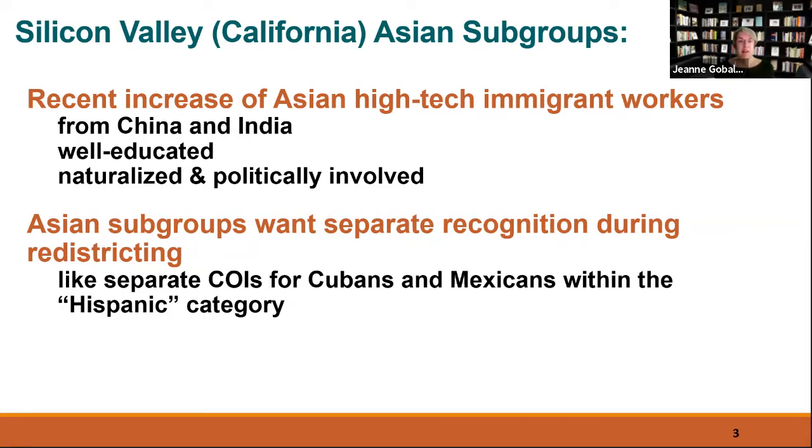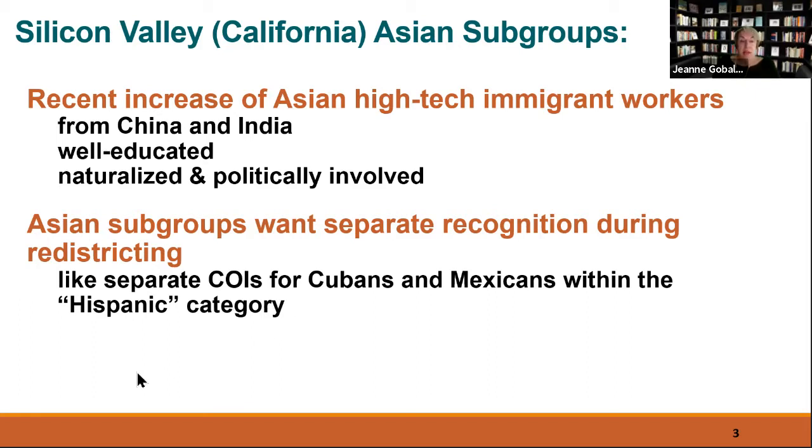People from Africa and Europe and other parts of Asia all work here. And they tend, as high-tech workers, to be fairly well educated. And many who have become citizens are culturally, socially, and politically involved. So there have been big changes, increases in the diversity of the population here.